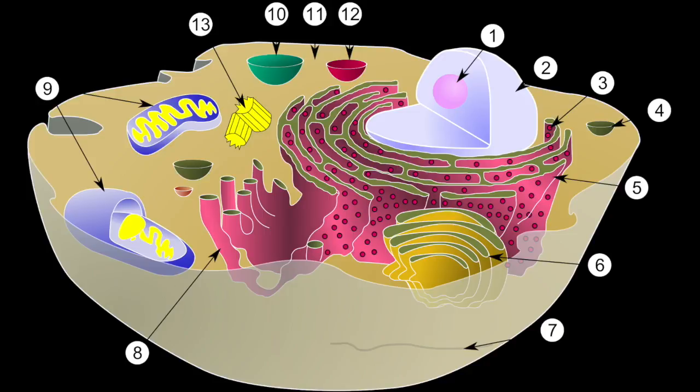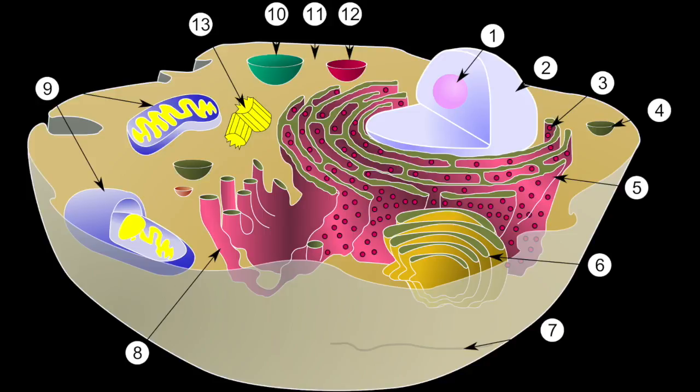Microfilaments and microtubules are two of the principal protein filaments that make up the cytoskeleton. Microfilaments. Microfilaments are thread-like structures made of a protein called actin.